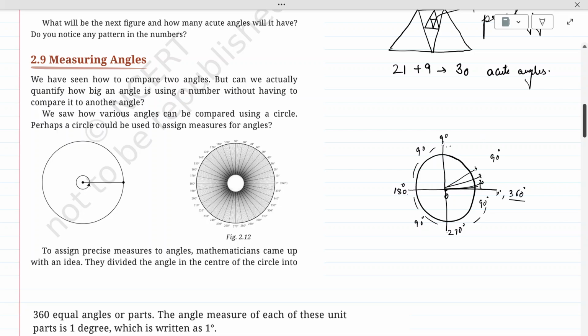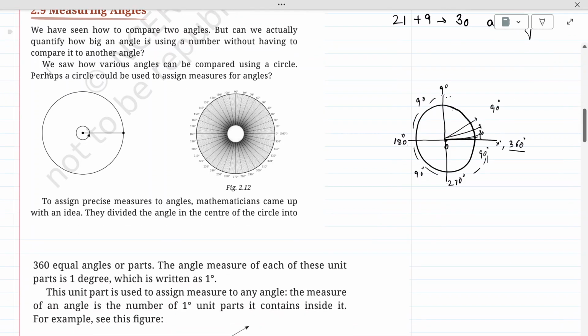Okay, and now inside one division we have units. So we have seen a protractor. In our protractor we have similar lines, and each line corresponds to 1 degree, and the same thing has been explained here. We saw how various angles can be compared using a circle. Perhaps a circle could be used to assign measures for angles.